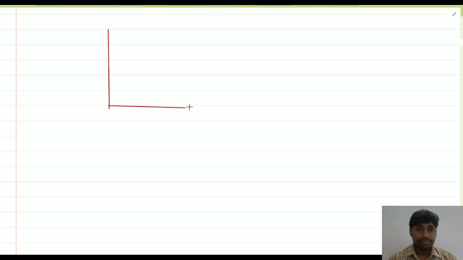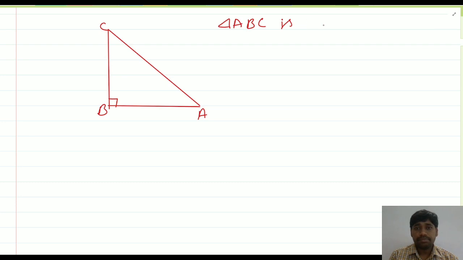Here, if we place one more side like this, it becomes a right angle triangle. Name it ABC. Triangle ABC is right angled at B, so the other angle can be at A or at C, because we already know this is the right angle.